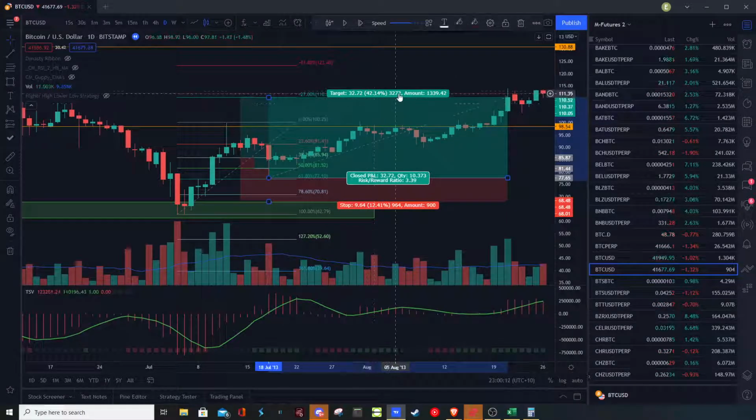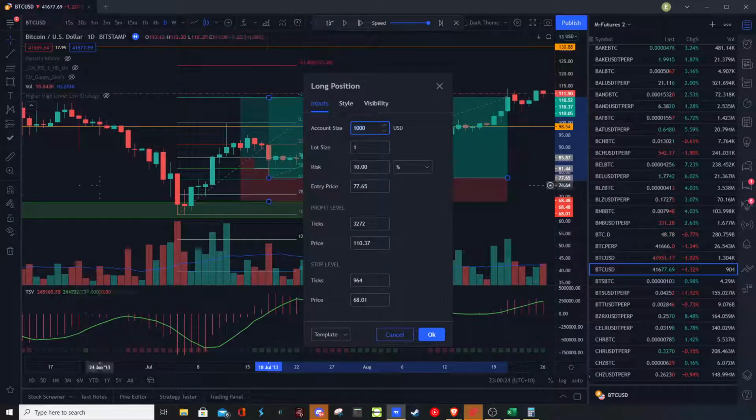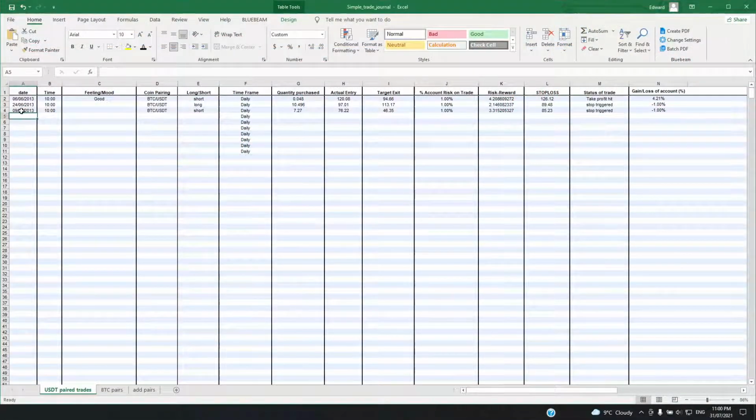And look, we get a whopping 42% return on this over, I think, a couple weeks. So what I'll do is input all the data. Pretty much all our trades triggered on the 18th, or the 7th, 13.